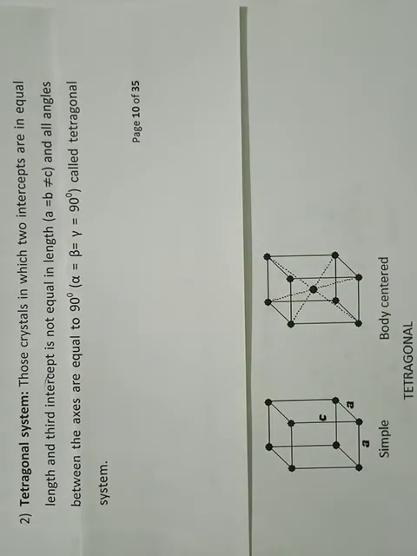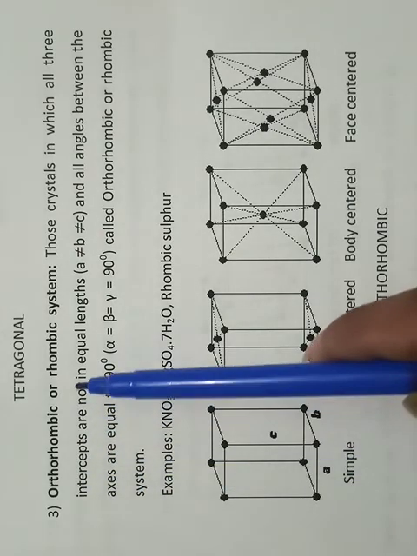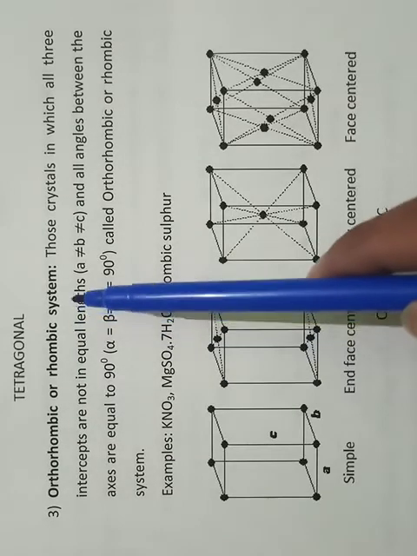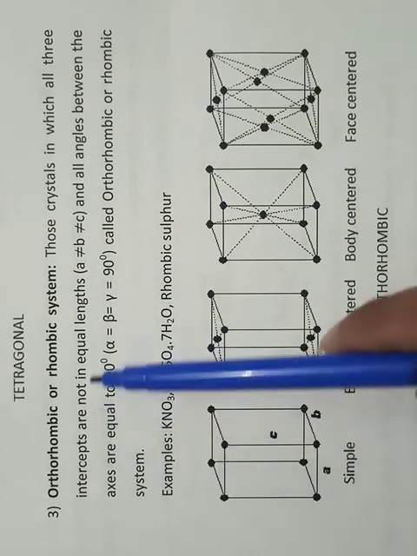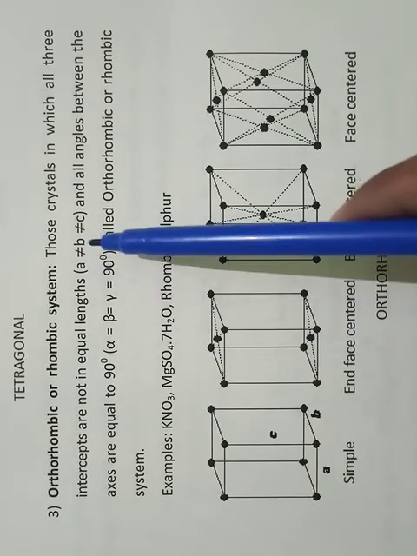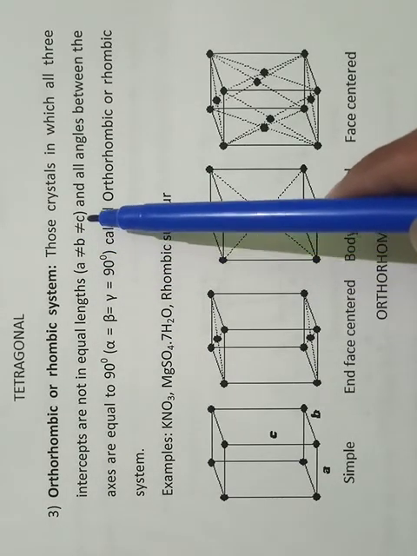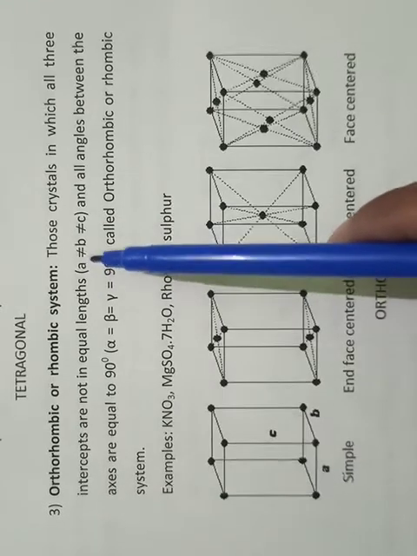Next let us move on to one more system, that is the orthorhombic or rhombic system. In the case of orthorhombic or rhombic systems, all three intercepts are not equal. That is, intercept A is not equal to B and B is not equal to C. So all the intercepts have different lengths.